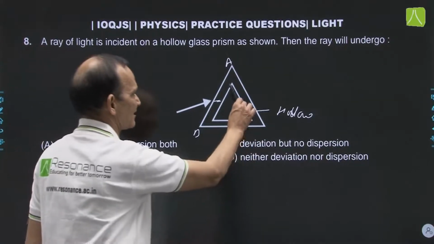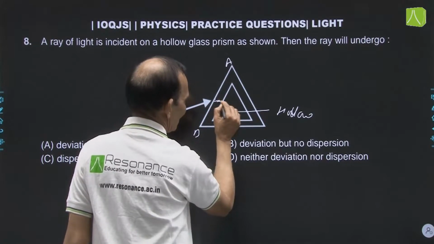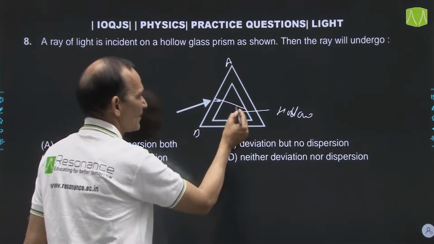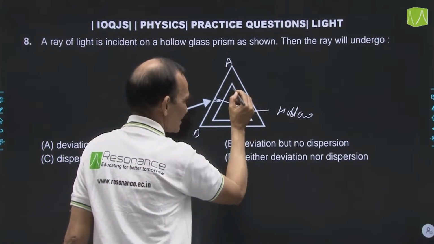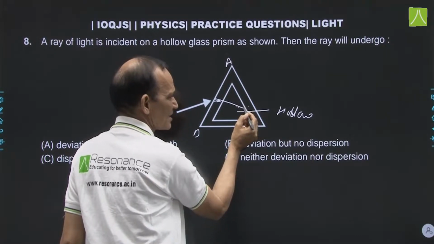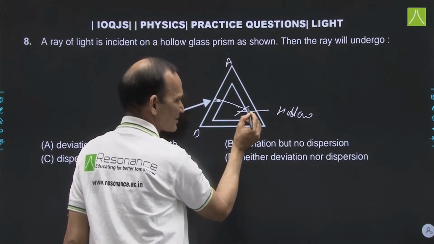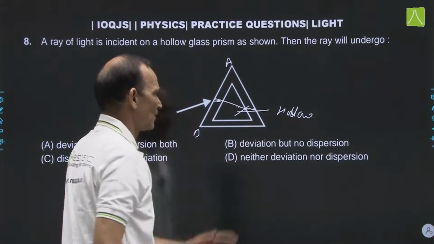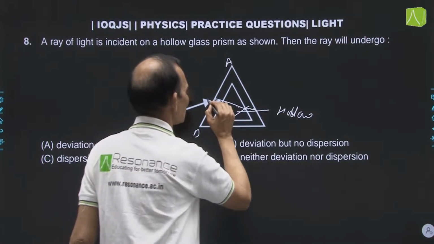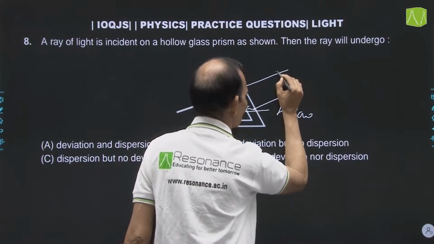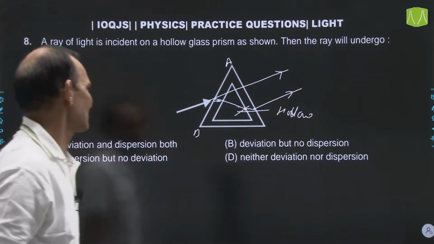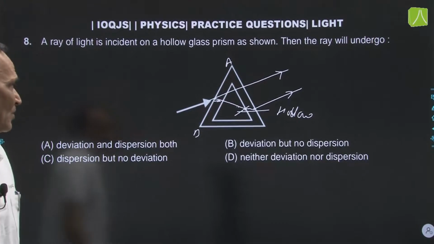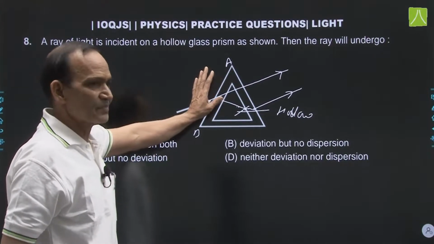But think about this side, when it will bend in this way. Just opposite, light is moving from rarer to denser, so it will bend towards the normal. Again, when it strikes at this point, it is moving from denser to rarer, so there will be no dispersion. It is not divided into colors because it behaves just like a glass slab.